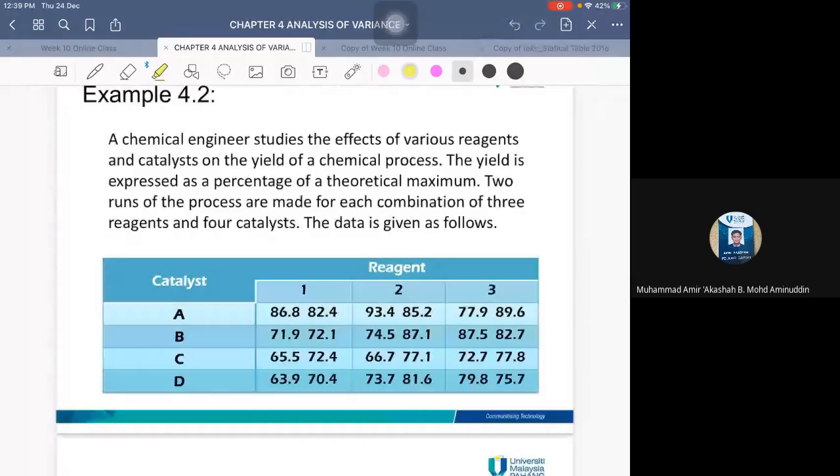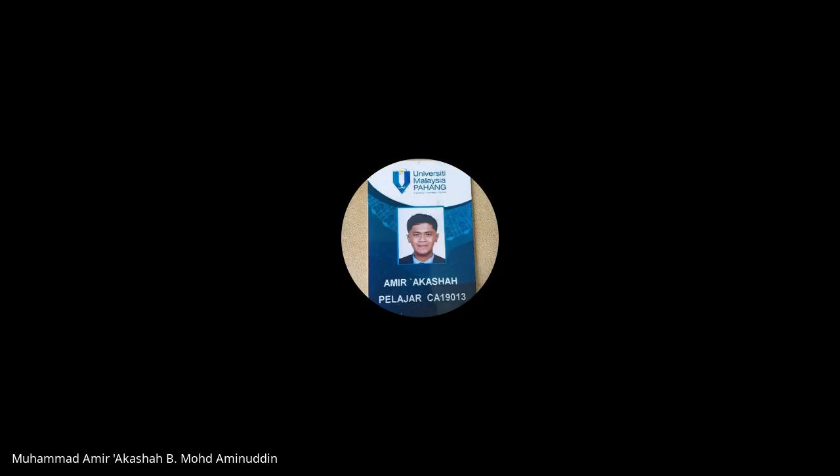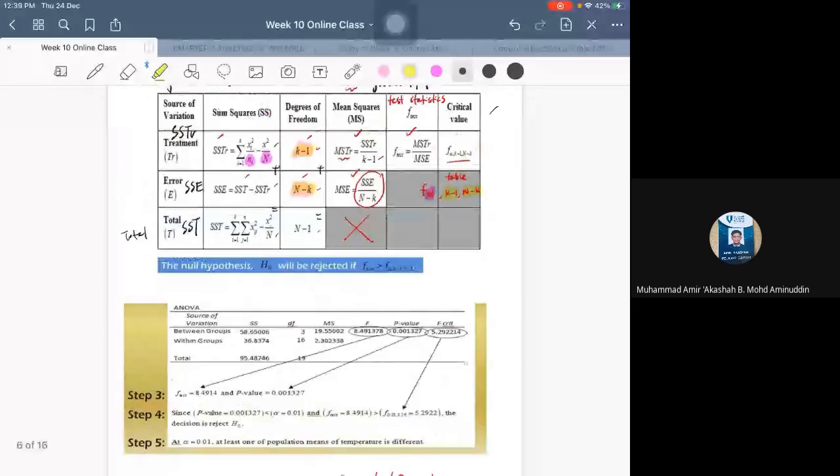But in terms of the Excel output, this is how the Excel output is going to look like. So between groups over here refers to the treatment, and within groups refers to the error that we have over here. So basically, they are actually the same. Okay, but of course, everything is already given. So when the question gives you the Excel output, you don't have to calculate anything.